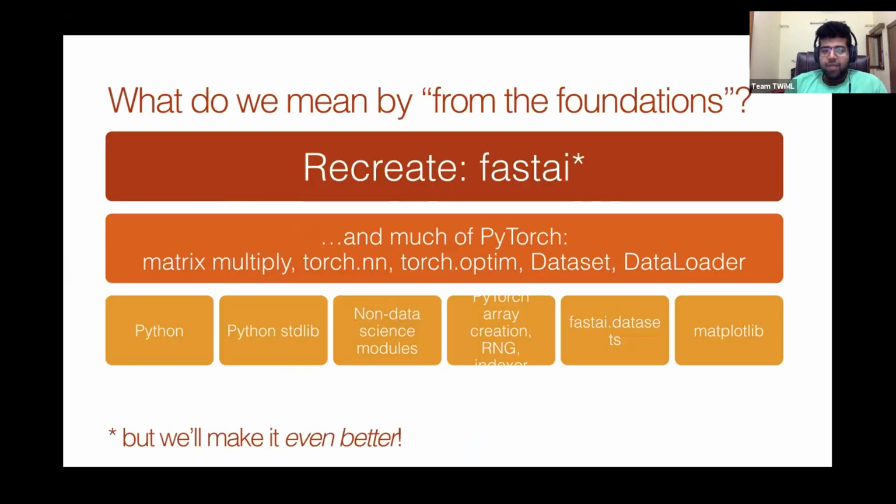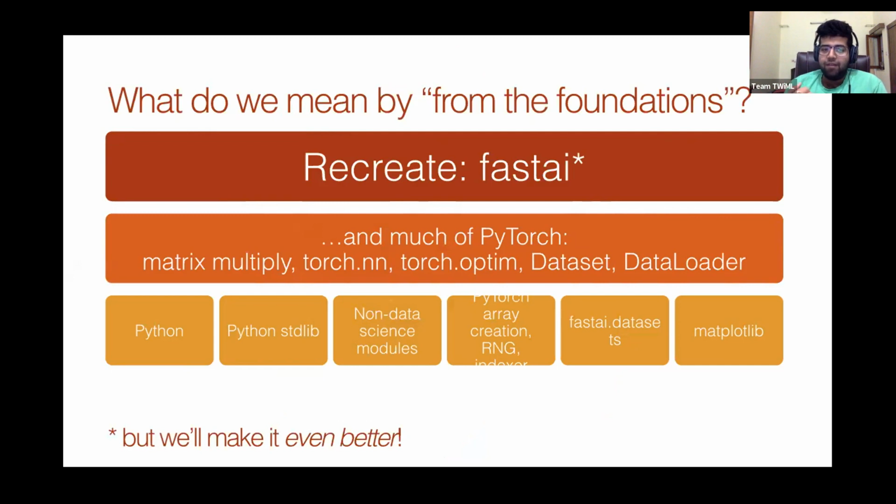Jeremy has mentioned this game that we'll be playing. I'm sorry, it's slightly crowded, but the end goal is to recreate Fast.ai. The bottom blocks are what we're allowed to use. The end goal is to replicate most of the portions of PyTorch, the ones mentioned here at least, torch.nn, torch.optim, and recreate Fast.ai.